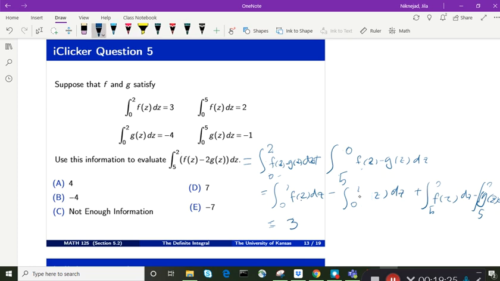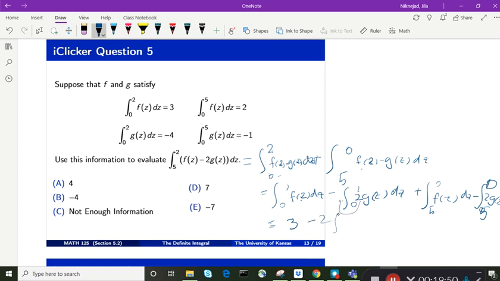Then, oh, that one has a 2. So, 2 g of z. And then minus 5 to 0 of 2 g of z dz. And so here 2 can come out, so you have minus 2.